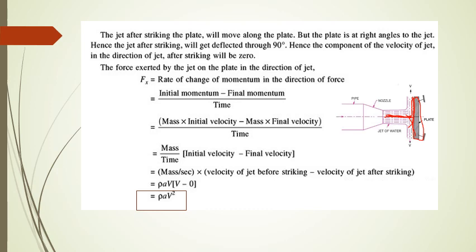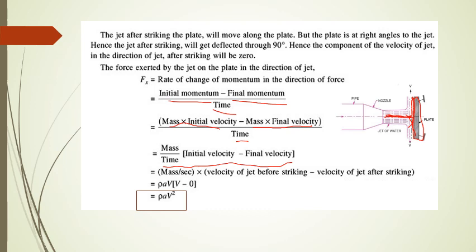So the equation is Fx equals initial momentum minus final momentum by time. Here initial momentum is mass into initial velocity, and final momentum is mass into final velocity. In these two terms, mass by time is common, so I have taken out mass by time into initial velocity minus final velocity. What is the initial velocity? The velocity of the jet before striking, and the final velocity is the velocity of the jet after striking.